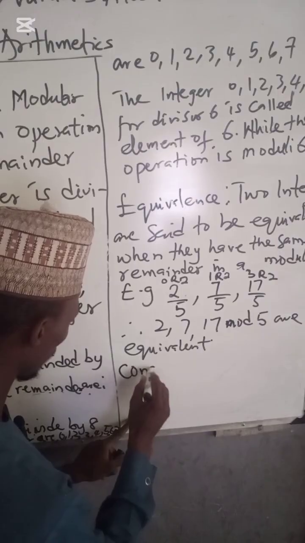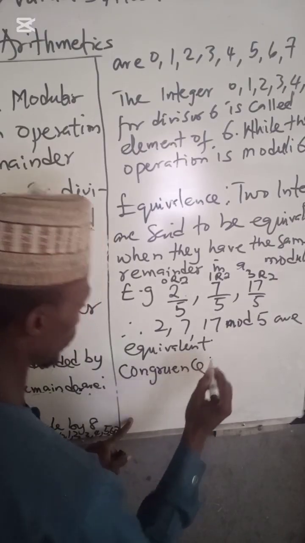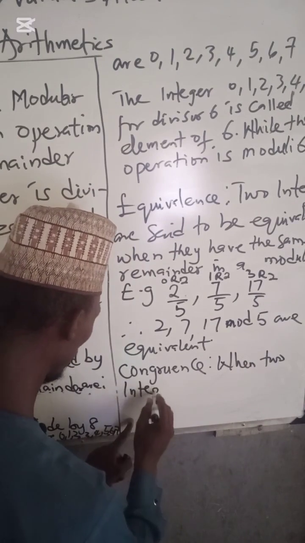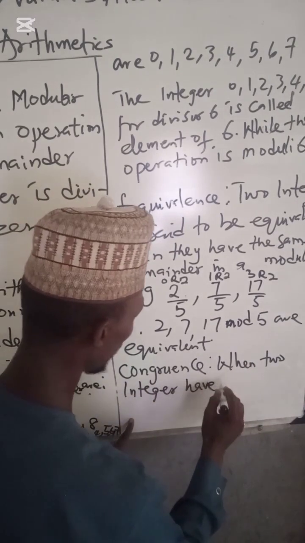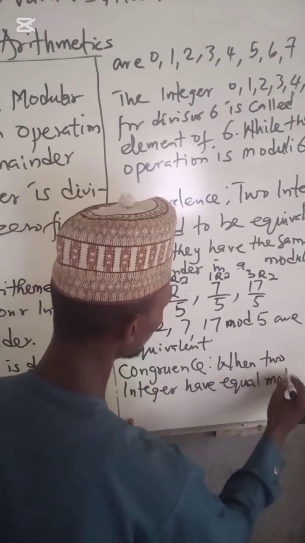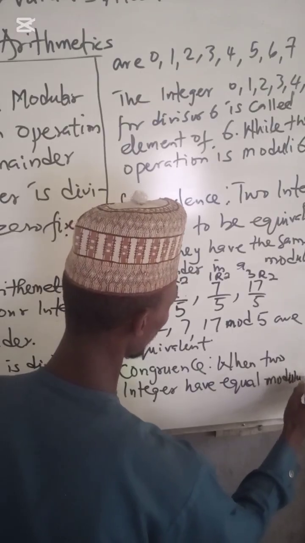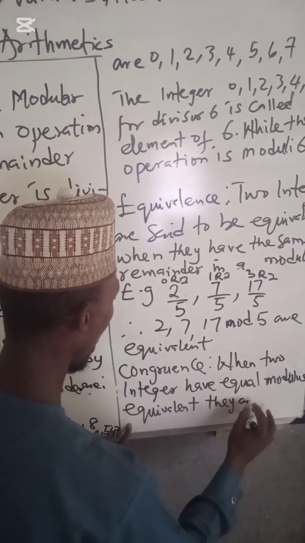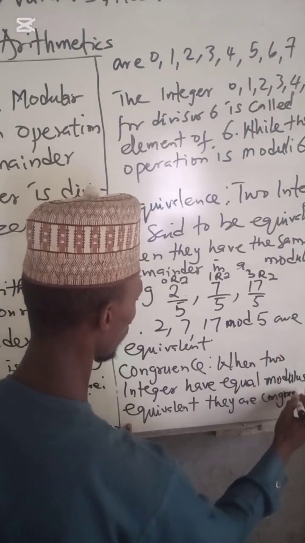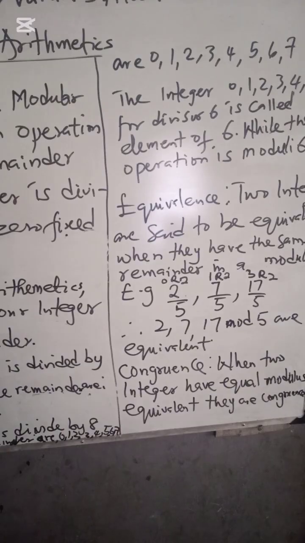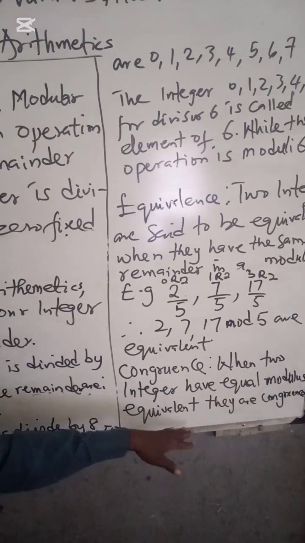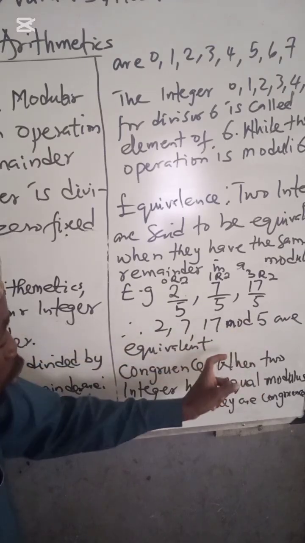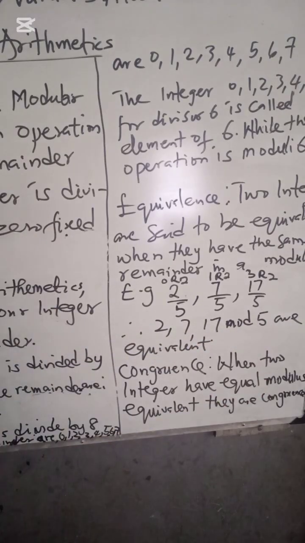Then the congruence. When two integers have equal modulus equivalent, they are congruent. 2 and 7 are congruent modulo 5.